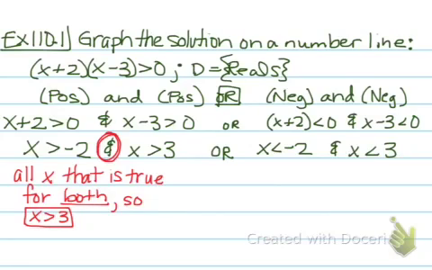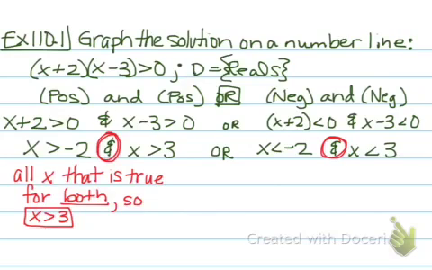So the same thing is true over on the right side where we have an and. So we need all numbers that are less than negative 2 and also less than 3. So, for example, if I picked the number 2, 2 is less than 3, but it's not less than negative 2, so that would not be a solution.